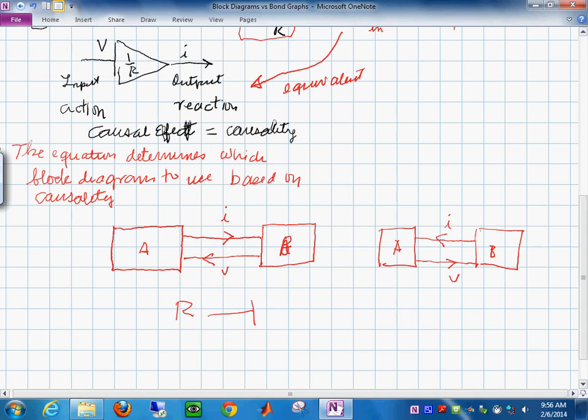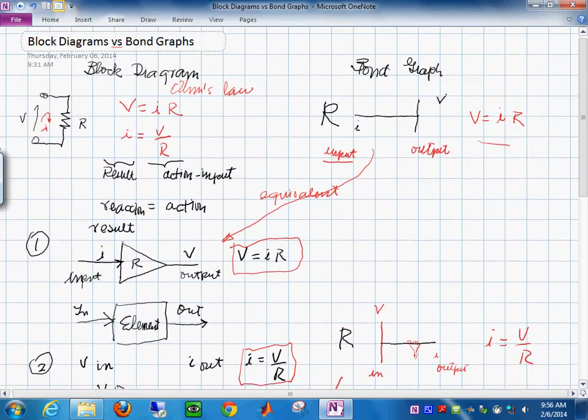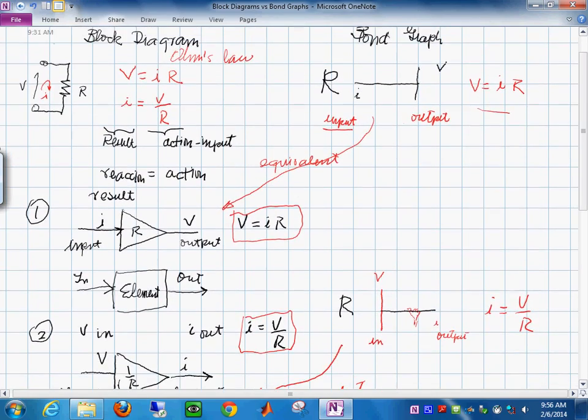And if V comes in and I goes out, so this is I like this, V like this. See? So there is a complete equivalence of the two methods based on this principle that I just showed you.